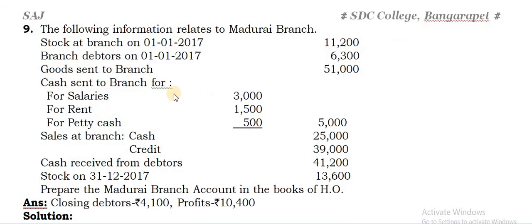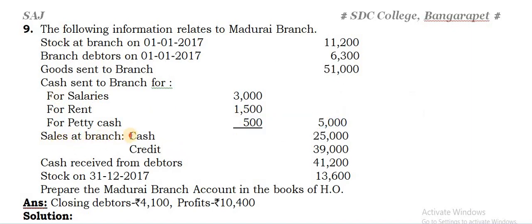Well, coming to the 9th question. The following information relates to Madurai branch. You are given opening stock, take on the debit side. Opening debtors are given. This also you can take on the debit side. Goods sent to branch, debit side. Whatever expenses are given here, take on the debit side as to bank account. So 5,000 enter there.